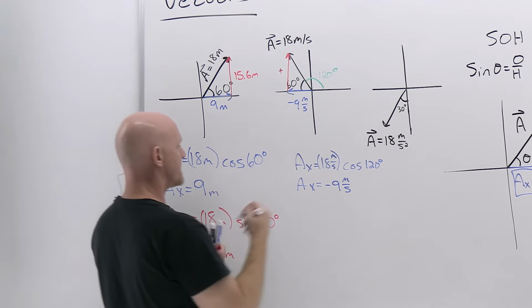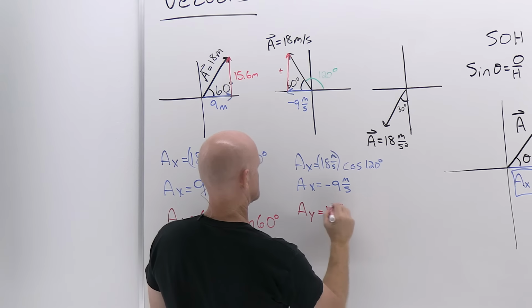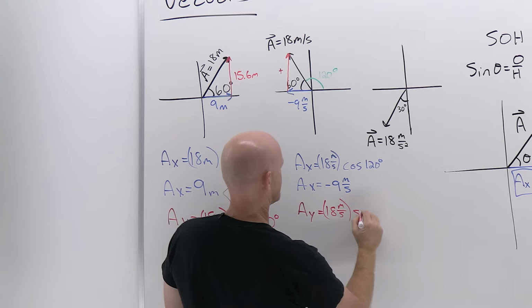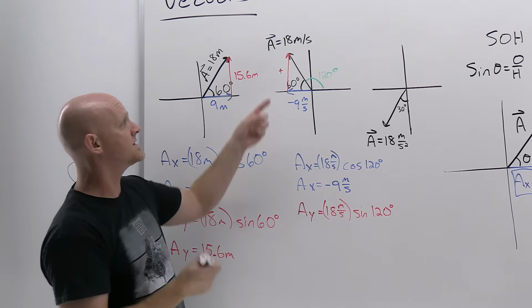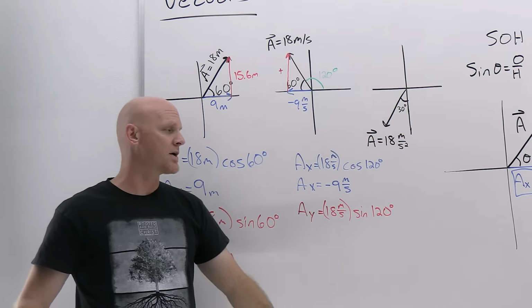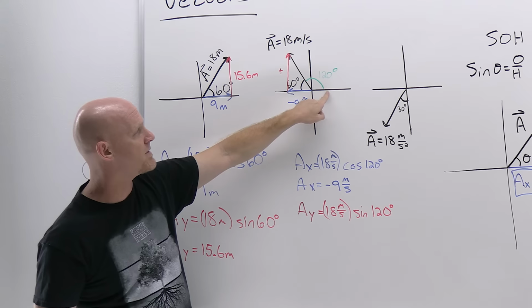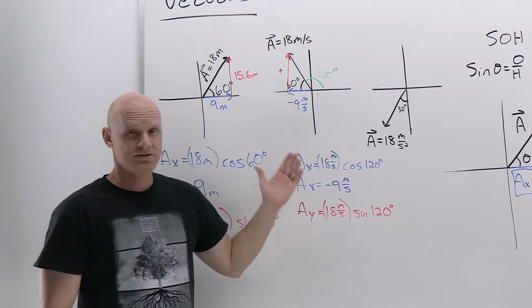The same thing for the y component. 18 meters per second, now times the sine. And again, I could use the 60 degrees, but again, it's going to give me the proper sine without me having to think about it if I use the angle with respect to the positive x-axis, the 120 degrees instead. Now here's the deal.